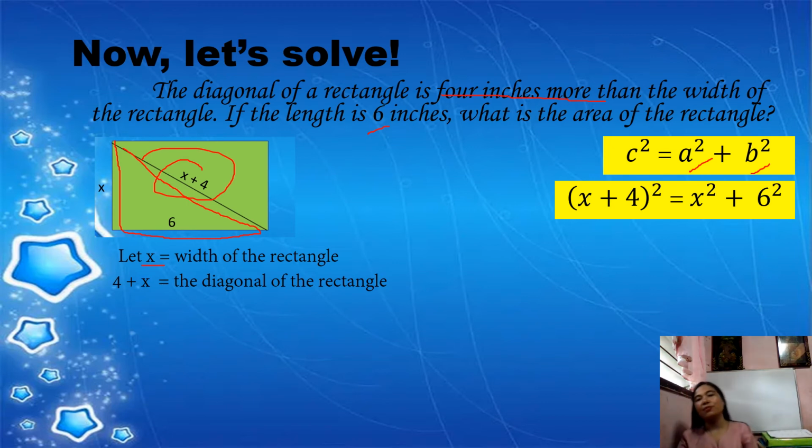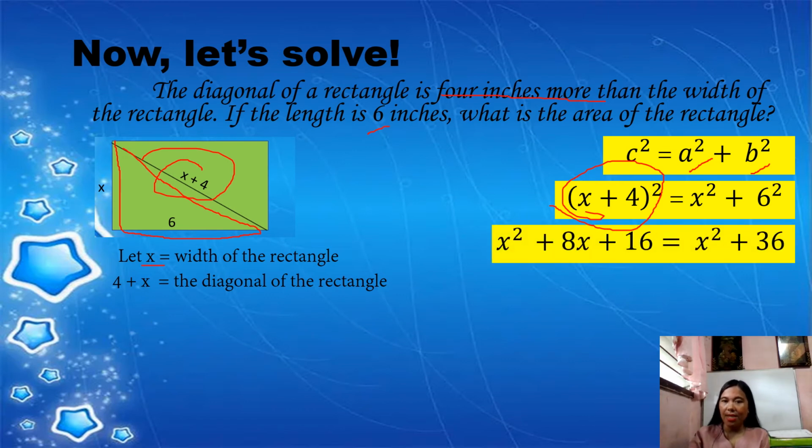So that is by substitution. Now when you expand x plus 4, you can do the FOIL. By multiplying x plus 4 by x plus 4, you will come up with x squared plus 8x plus 16. Okay. So this one, 6 squared is 36. So there you go. Then combine like terms by transposing all x squared there and then 36.